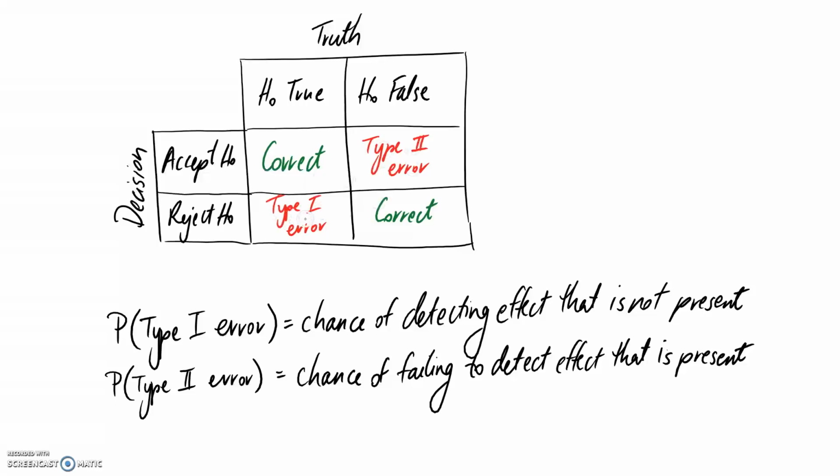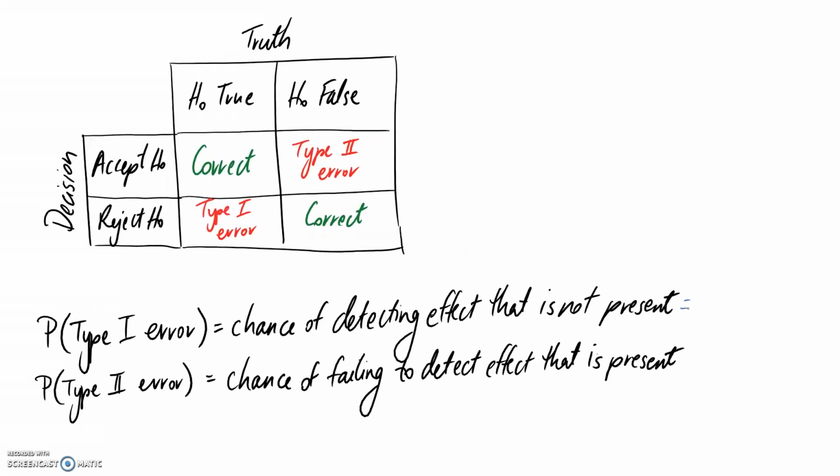And these are what we're concerned with when we do our statistical tests, because we don't really want to be making errors. The probability of a type 1 error is the chance of detecting an effect that is not present. You can think of this one as being a false positive.